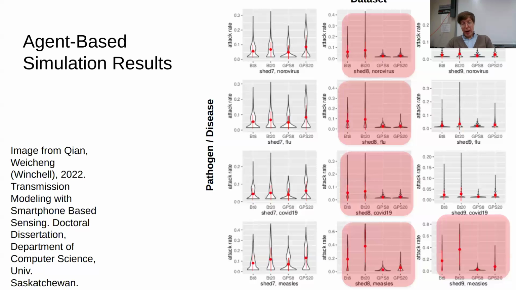But if you're interested in different pathogens like measles, which is about as contagious as pathogens get, versus COVID-19, quite contagious, flu, contagious, norovirus, also contagious, what you will see is that the attack rate, the fraction of people who are infected before the end of the simulation, for some can appear rather similar, but the variability is quite different here.